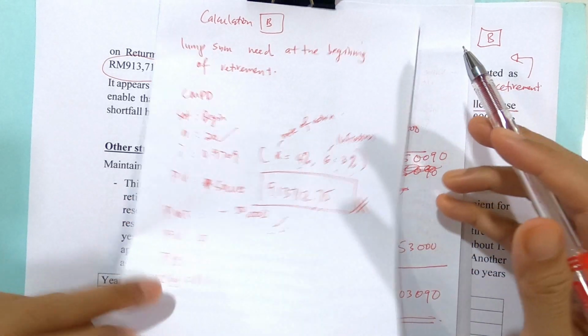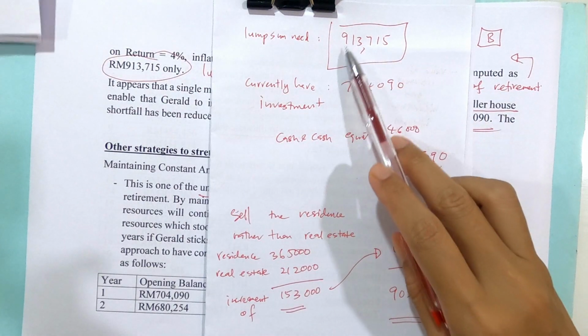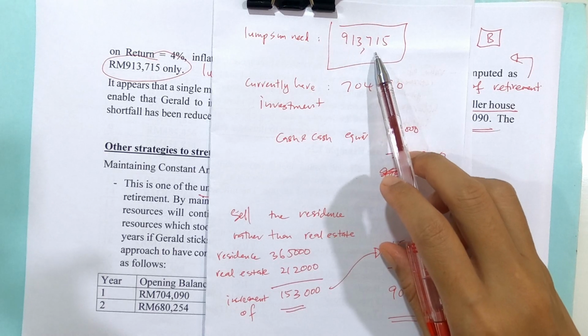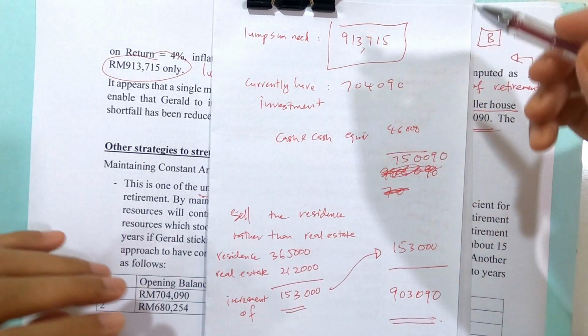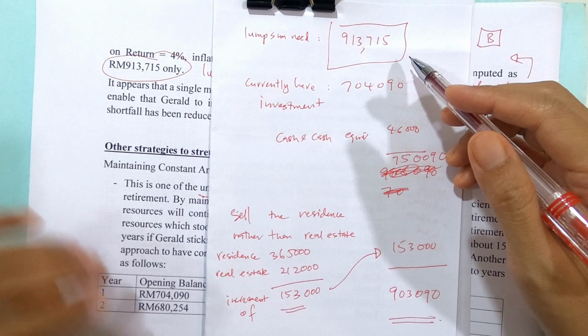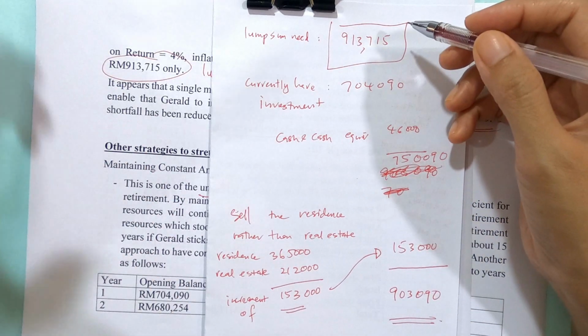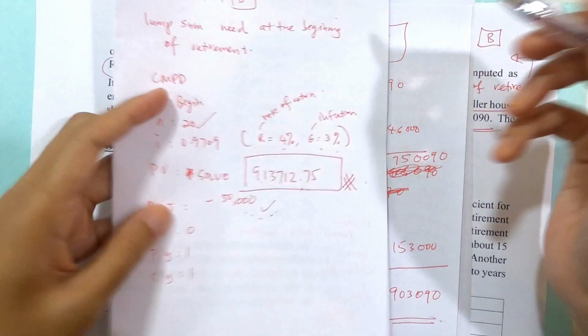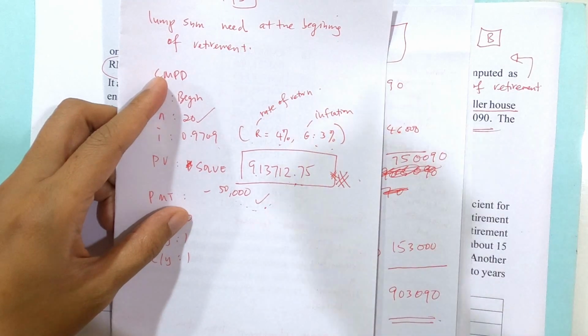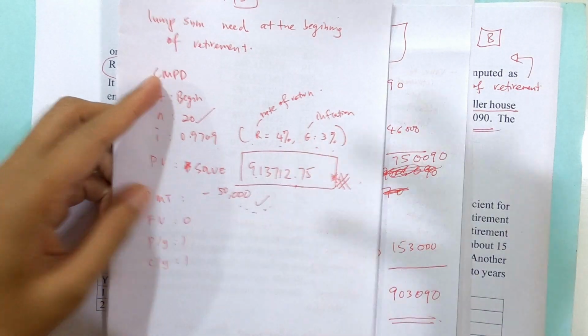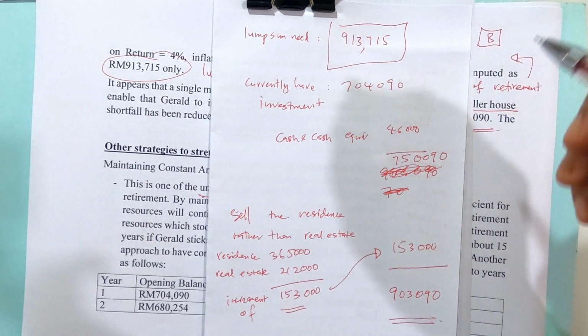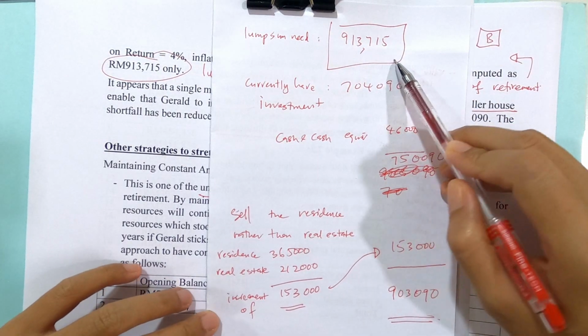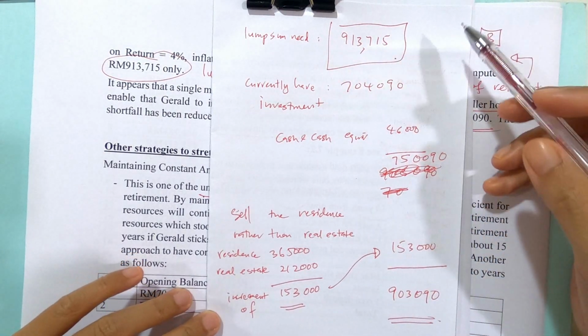Once we identify the lump sum need, that is 913715, there is a slight difference if we look at this calculation, but due to the decimal, it is not a big issue after all. So that would be the lump sum need we already identified.